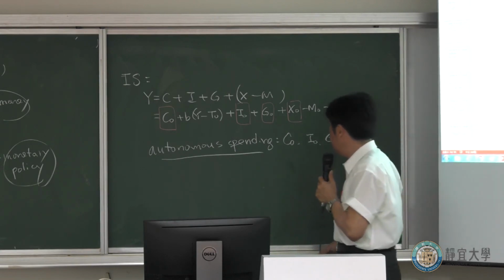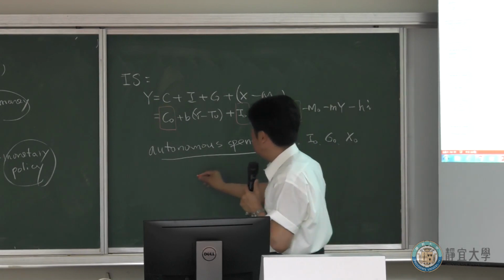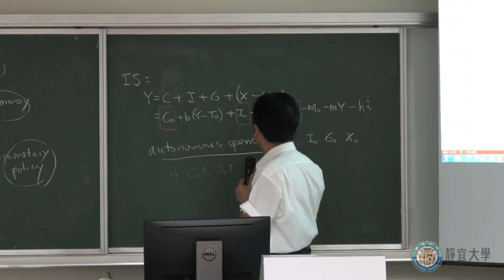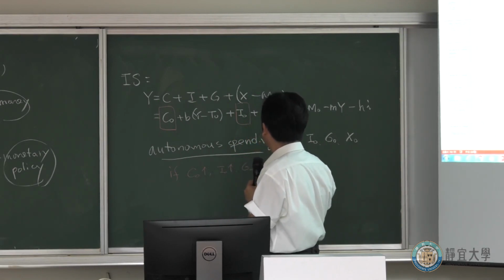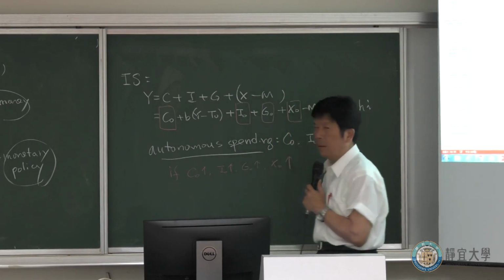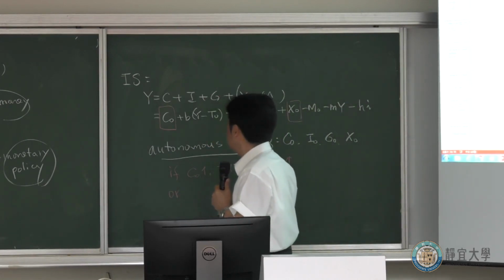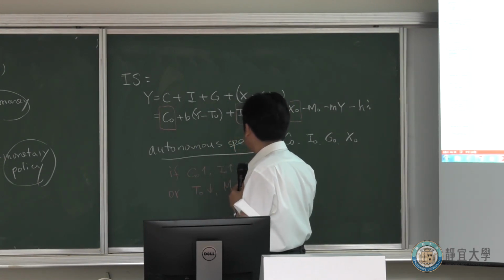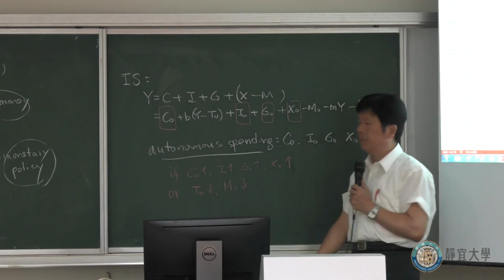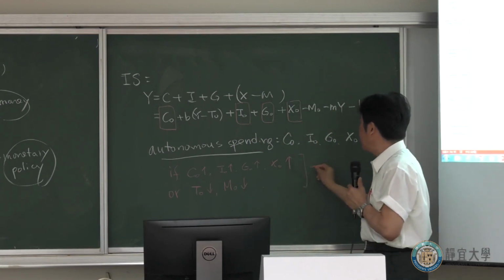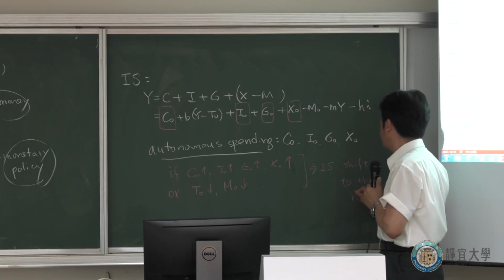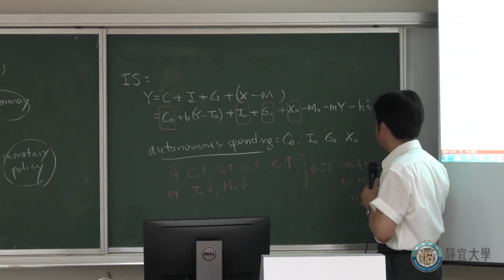So if C0 increases, I0 increases, G0 increases, or X0 increases, or T0 decreases and N0 decreases, then the IS curve will shift to the right hand side.